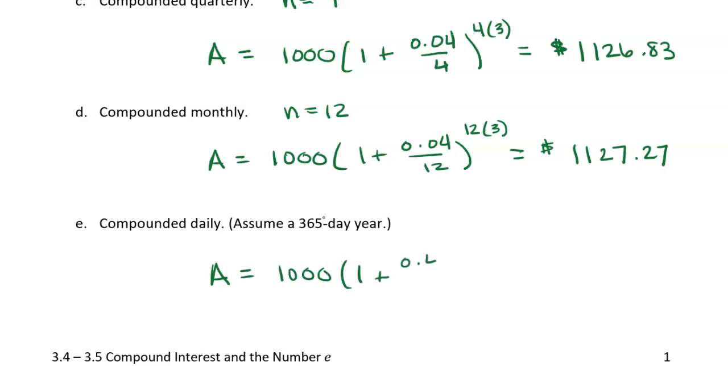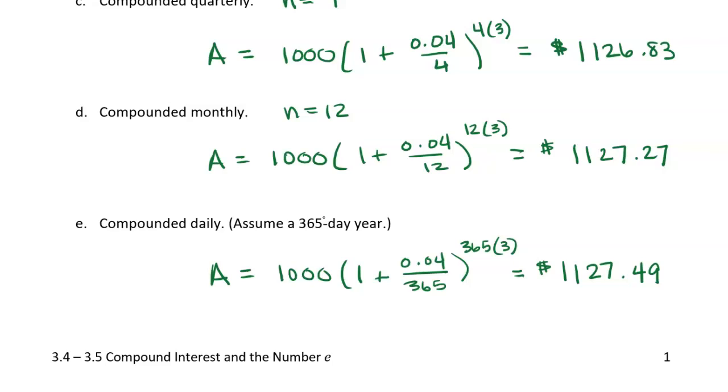So we take the 4%, 0.04, divided by 365, and then 365 times 3 will be the number of times it gets compounded over the 3 years. Put that into the calculator, and I got $1,127.49.